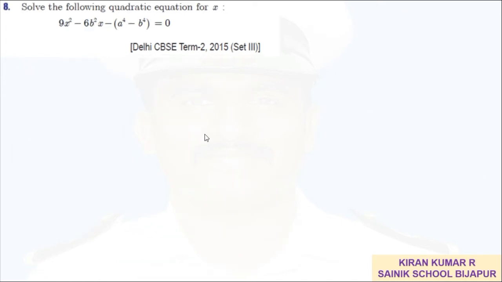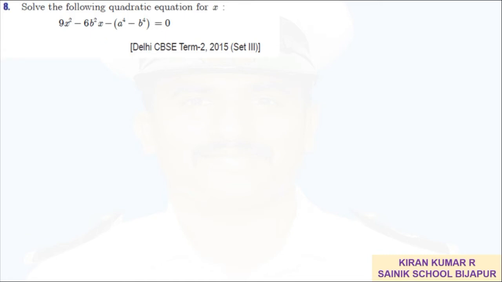Question number 8. Solve the following quadratic equation for x. The equation is 9x square minus 6b square x minus (a raised to the power 4 minus b raised to the power 4) equal to 0.